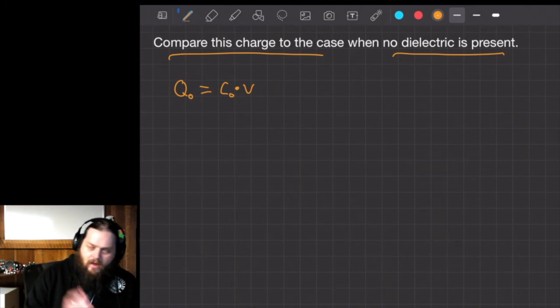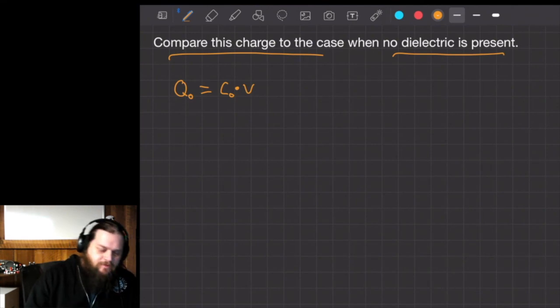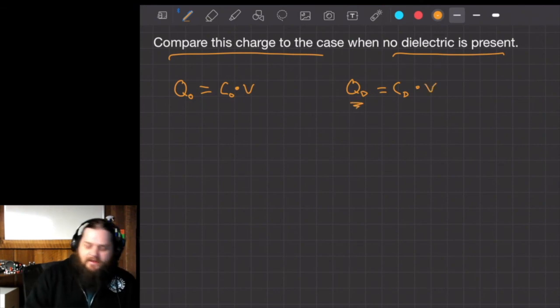And those naughts are just going to be the charge and the capacitance when you have air between the plates. We could also say that the Q with the dielectric, QD, is going to be equal to C sub D times the voltage.